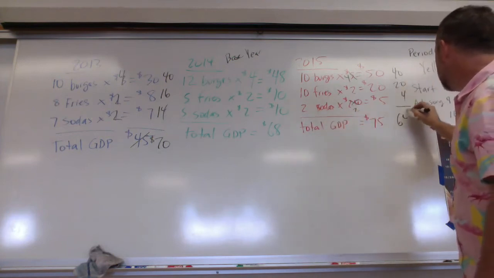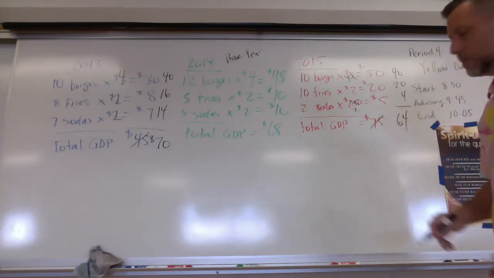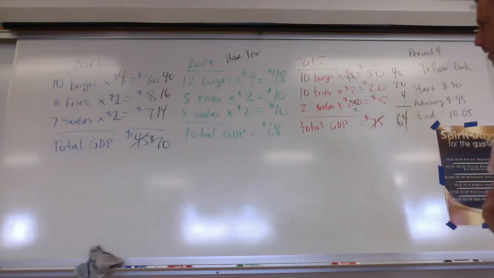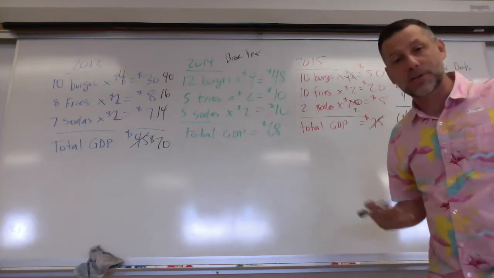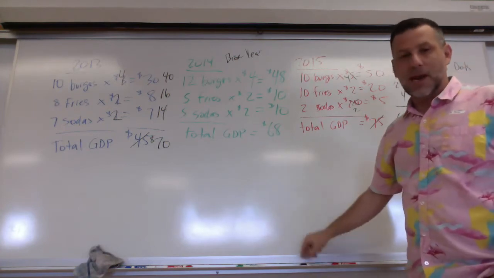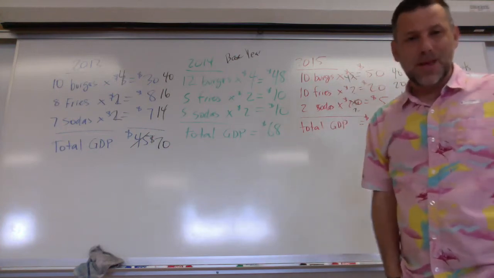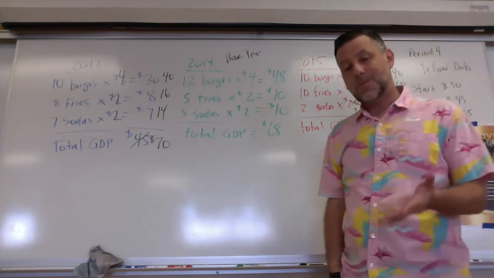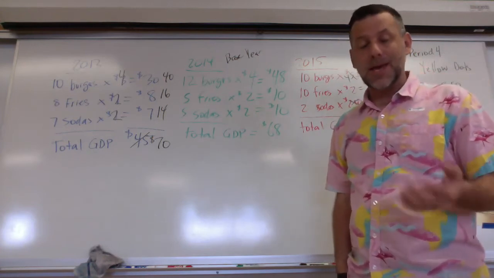And I get 64 as my new adjusted GDP. Look at that. It turns out that 2013 was actually our most productive year when we used 2014 as our base. Now, if we used a different year as our base, we might get a slightly different answer. So anyways, this is our simplified method for calculating real GDP.